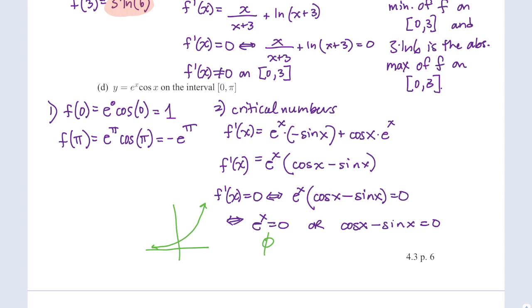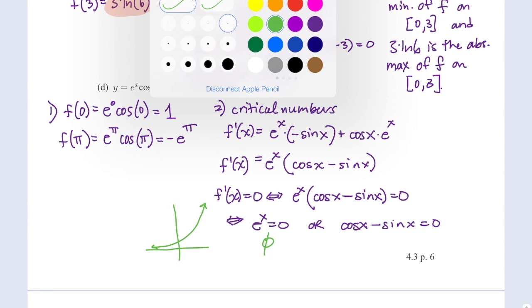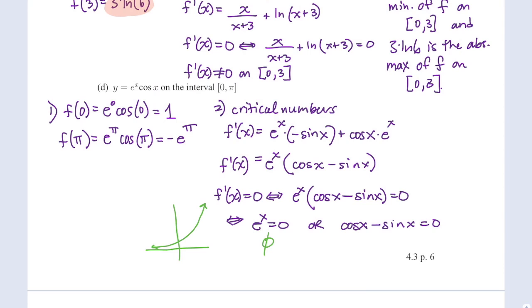And cosine of x minus sine of x equals 0, that would mean that cosine and sine are the same value. And we know that that happens in quadrant 1 and in quadrant 3. But we're only interested in the interval from 0 to pi, so quadrant 1 is the place we would like to focus on here, and that's at pi over 4.